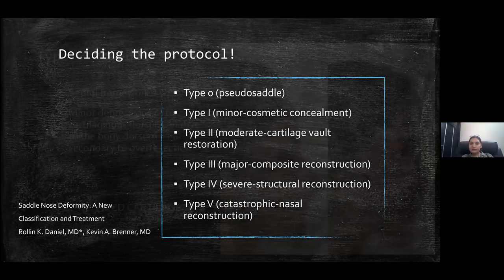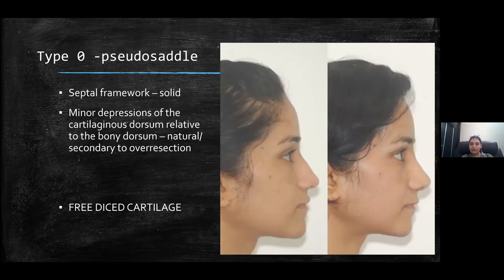So first comes the pseudo saddle, which is the most minor or the most mild type of saddle nose. Here, the septal framework, as you can see in this picture as well, is absolutely solid. There is no deficiency. There is no weakening of the septal framework. All you can see is a minor depression somewhere in the supratip area.